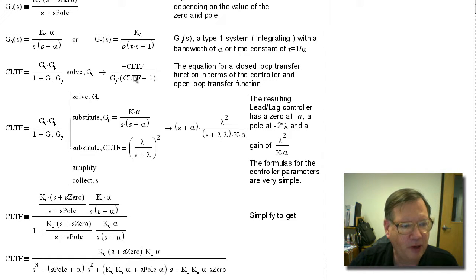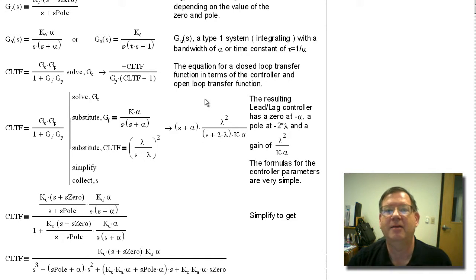And what I'm going to do is solve for the controller. I'm going to substitute the plant transfer function, open loop transfer function. I'm going to substitute the closed loop transfer function that I want, and simplify and collect on S.